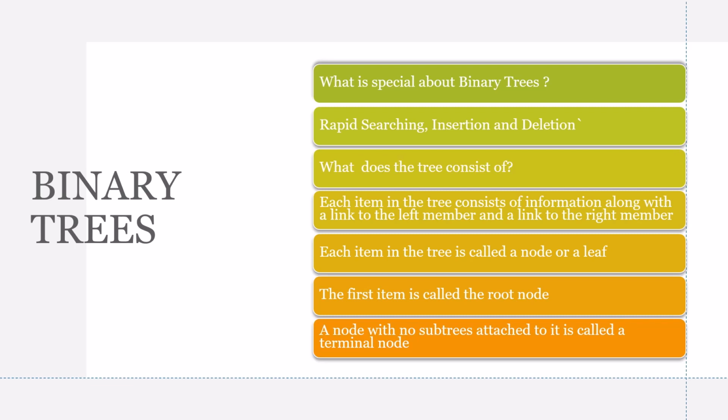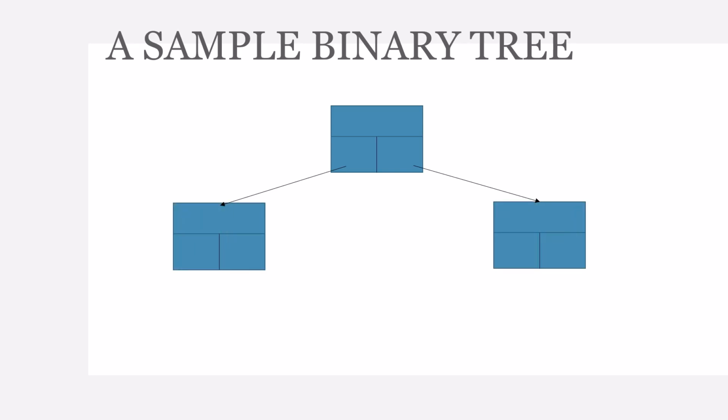And if this is not clear to you, it should be clear now when we look at a sample binary tree. And so we have a node here, and you can see there are two pointers, each pointing to a left node and a right node. And these nodes in turn can have their own pointers. You can see the one on the left has two, the one on the right has just one, right?